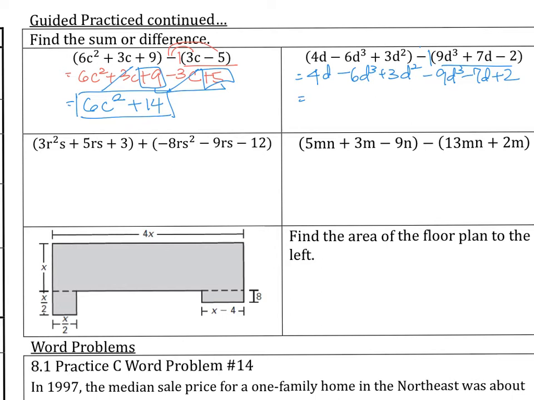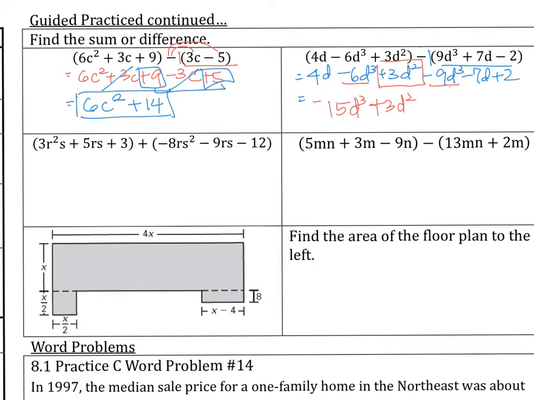Okay, and then now we need to rearrange these terms so that we can add them. So minus 6d cubed minus 9d cubed will give you minus 15d cubed. And then we have positive 3d squared. We don't have any other terms with d squared, so we just recopy that.